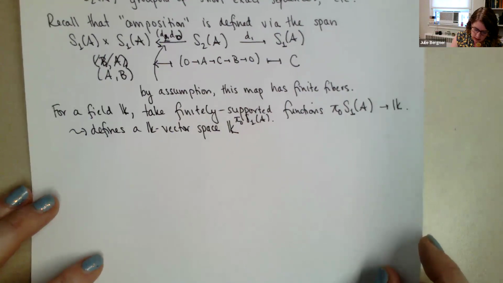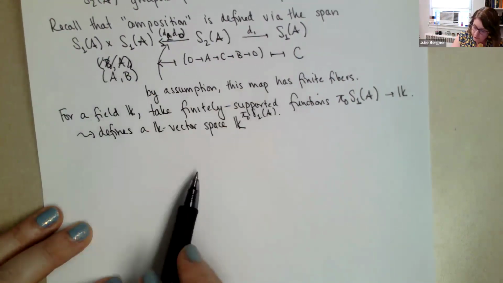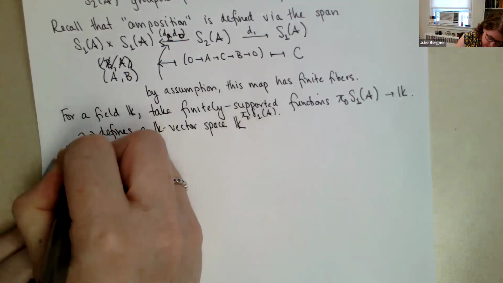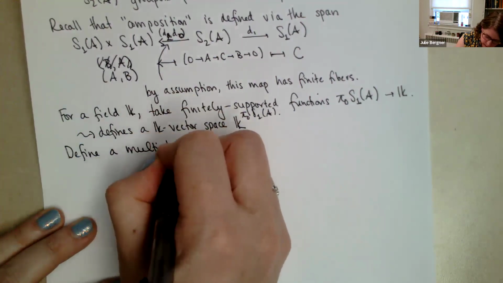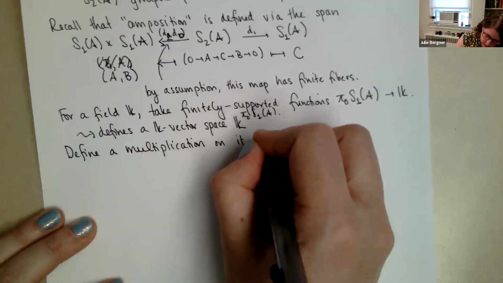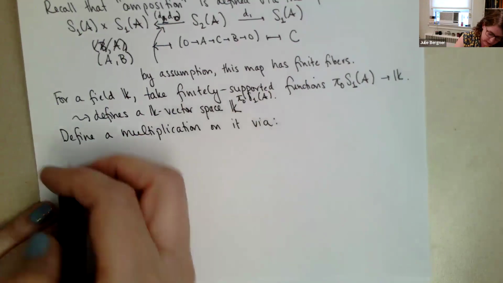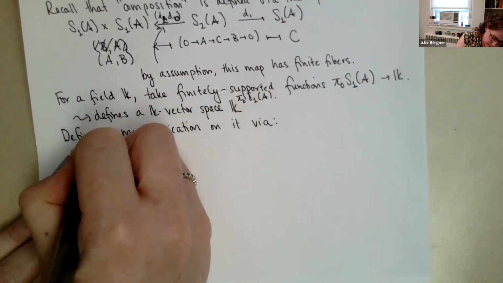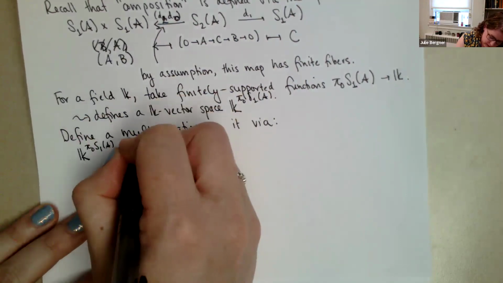Okay. And now we're going to use this composition to define a multiplication on this vector space. So if we want a multiplication on this, we want to input two elements of this vector space.